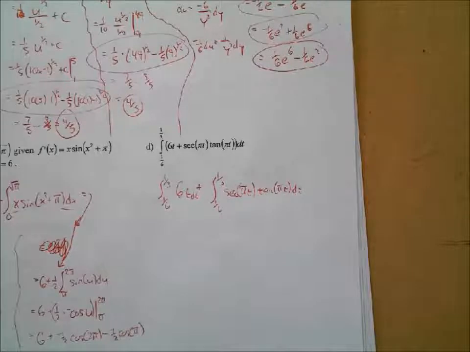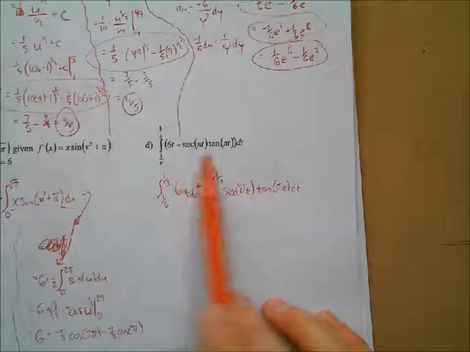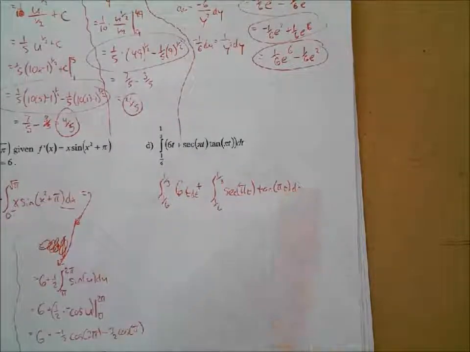So again, our previous integral tools and tricks help here, right? With the sum, you can break that up and make it 6t dt, and then secant pi t tangent pi t dt there.